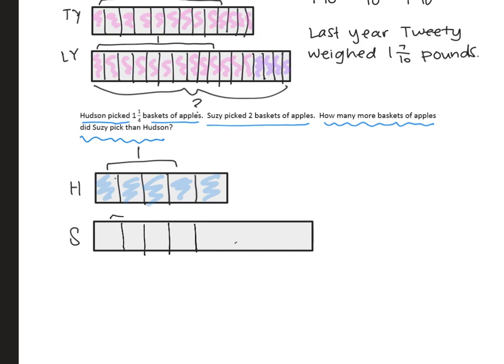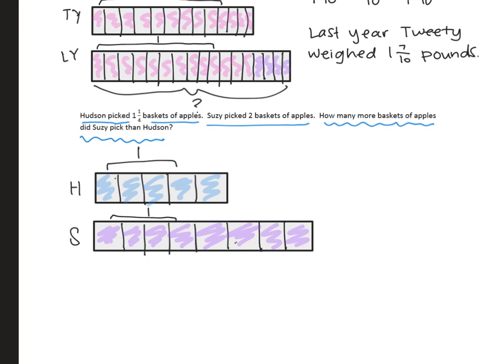And then she also picked another whole basket. So I'm going to draw 4 more 4ths. So I can see that Susie picked a total of 8/4 baskets of apples because we have 1, 2, 3, 4, 5, 6, 7, 8/4. And I know that 8/4 is the same as 2.